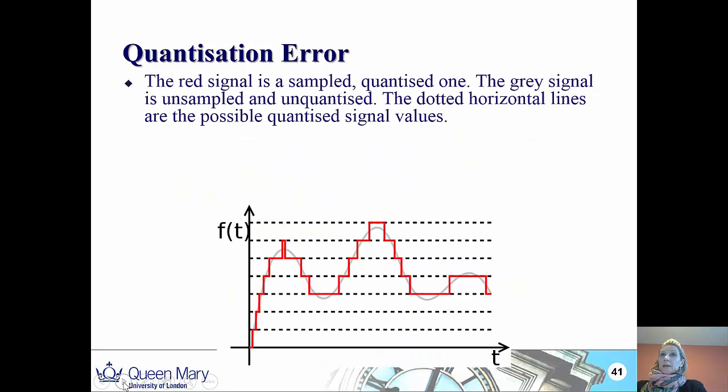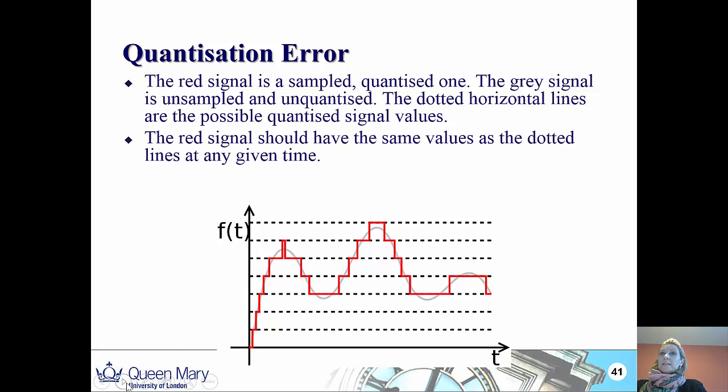So in this figure we have two plots. The red signal is the sample quantized one. The grey signal is unsampled. Okay, so the grey signal is the original signal. The dotted horizontal lines are the possible quantized signal values. The red signal should have the same values as the dotted lines at any time.